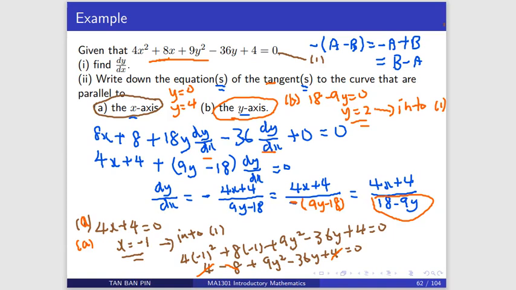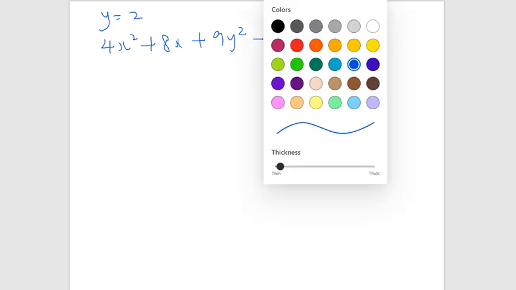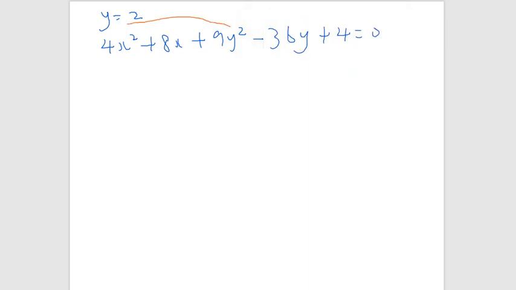Let me do it on the blank slide here. The equation is 4x squared plus 8x plus 9y squared minus 36y plus 4 equal to 0. You sub y as 2.